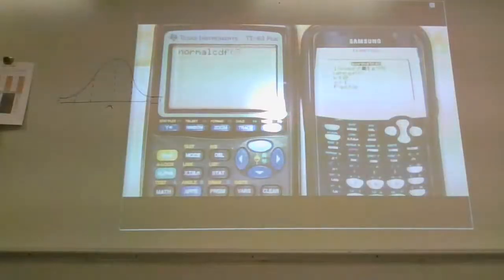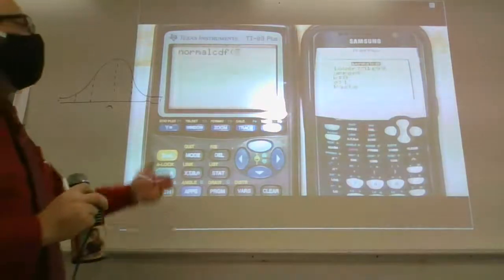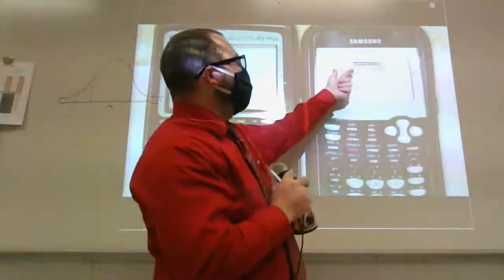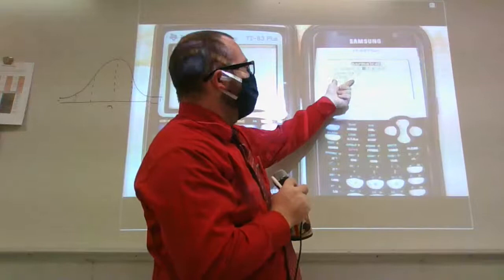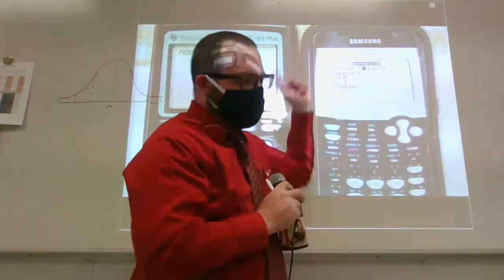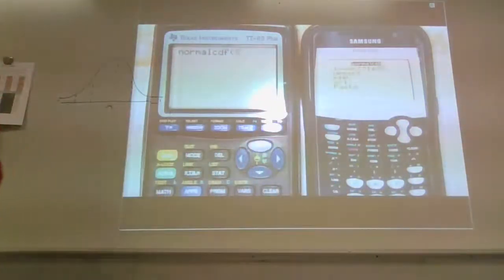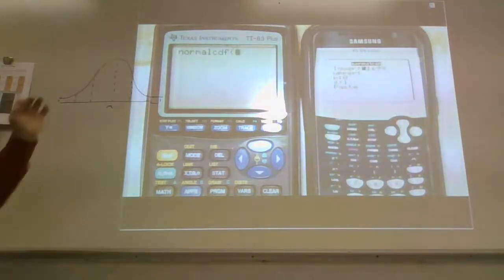Now, the way the calculators are set up on your Chromebook is very nice because they give you that interface. You don't have to think about what to type in because they literally say lower limit, upper limit, your mean, your standard deviation. Because we're about to take a quiz, I'm just reviewing some information.